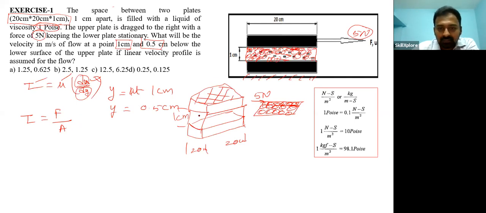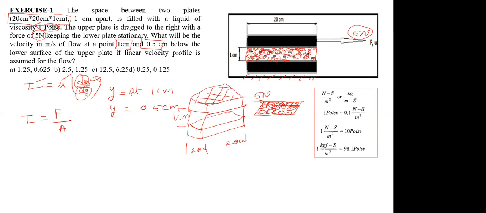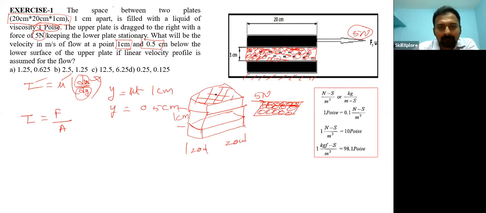The lower part of the plate has a surface area of 20 into 20 centimeter square. So the molecules connected to the lower part of the plate will get disturbed. So we have to consider the area.